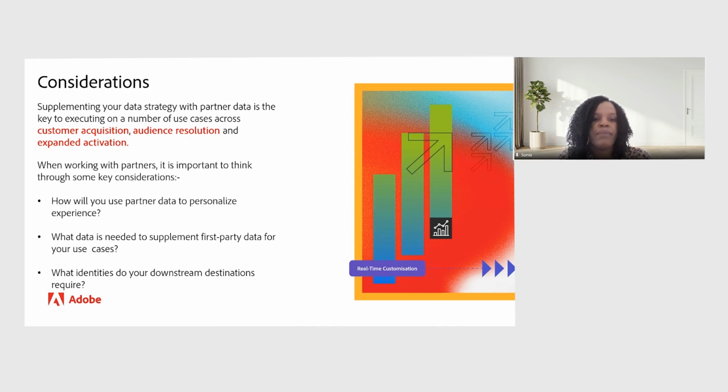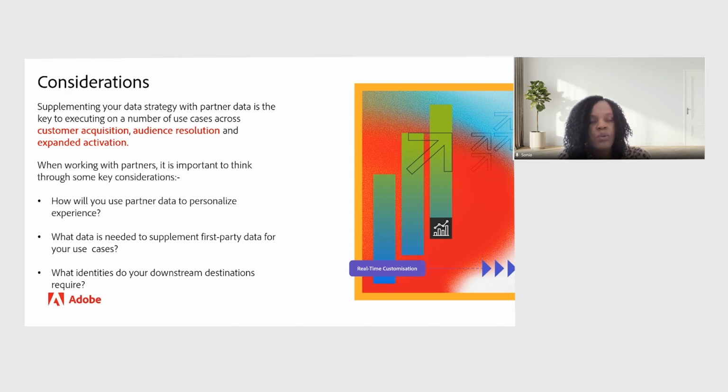And then finally, thinking about the identities that any downstream destinations that you'll be sending data to actually require. So consider where you're going to be sending the audiences for activation, and the fact that different identities are needed and are supported in those destinations.